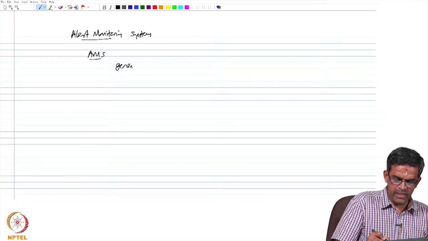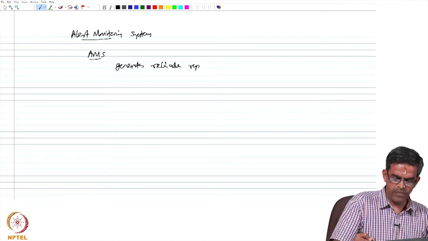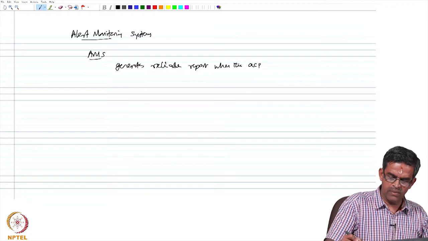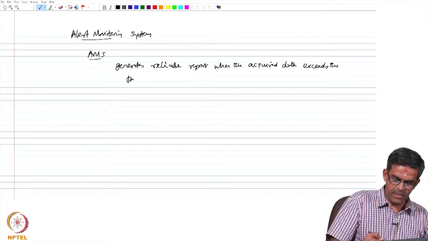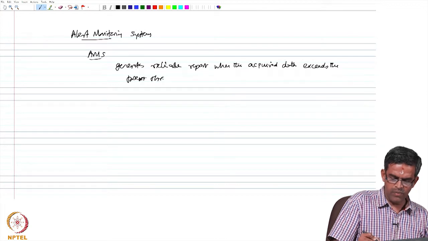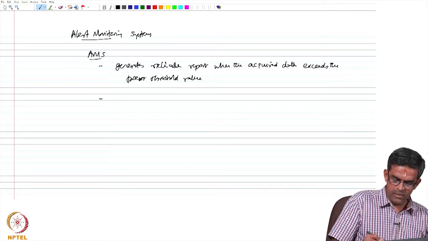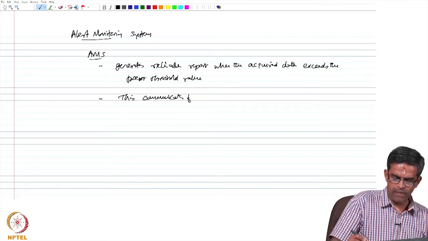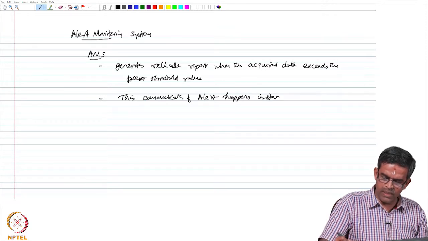It actually generates a reliable report when the acquired data exceeds the preset threshold value. That is the first one. Second, this communication of alert is instantaneous, that is very important.